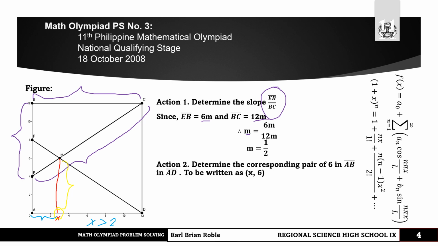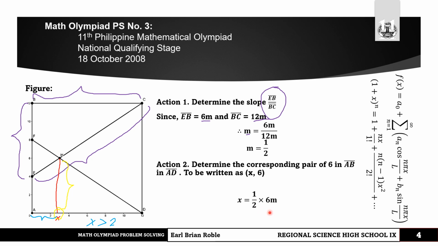The second action that we're going to take is to determine the corresponding pair of 6 in AD. So we can write it as x and 6, where 6 is our y coordinate. And next, we can find it by simply multiplying 1/2 by 6.